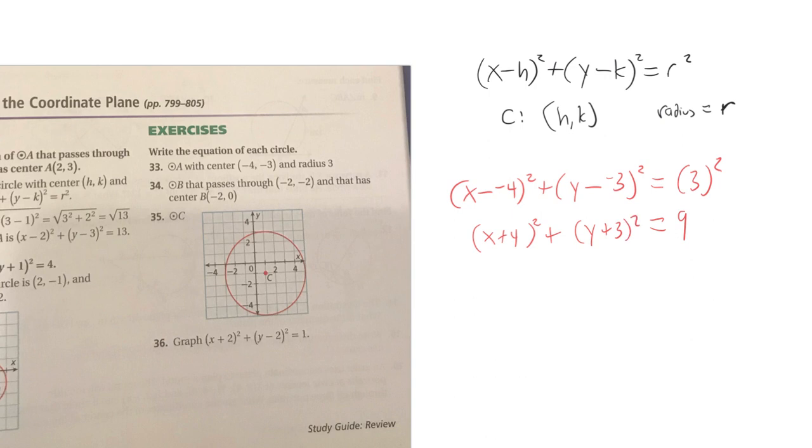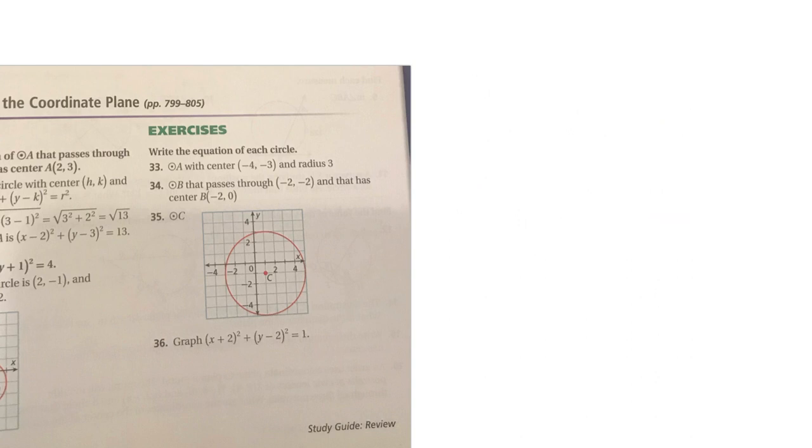Okay. Looking at problem number 34, we want the equation of circle B that passes through (-2, -2), and it has the center. All right, so since we have the center, which is right there, we can already begin the process of setting up the equation.